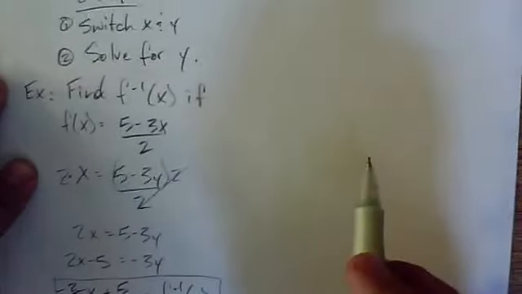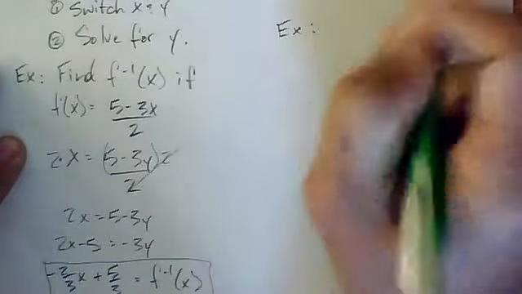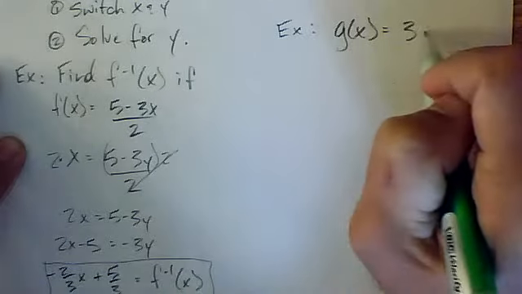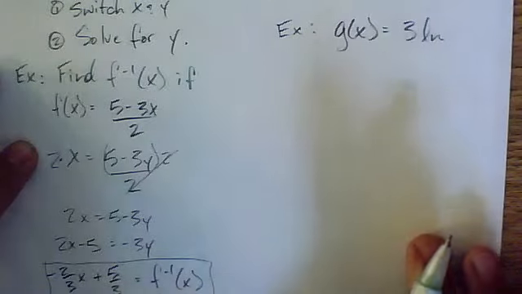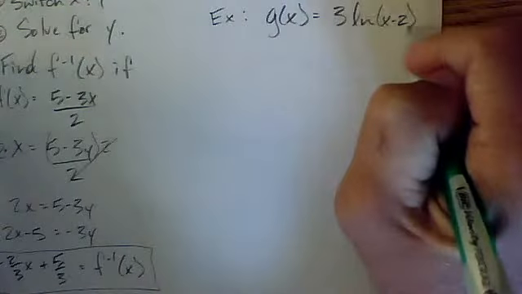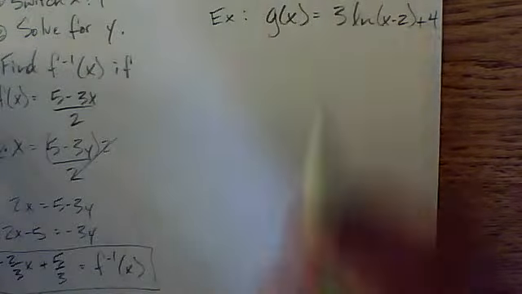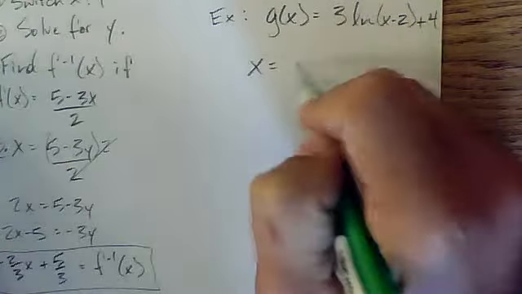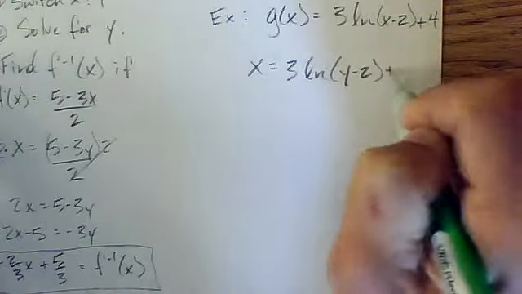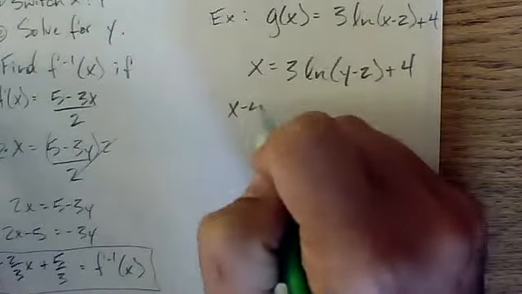Now let's look at a different function. Let's say that we have a logarithm. g of x equals 3 times the natural log of (x minus 2), plus 4. So here again I'll switch x and y, so I get x equals 3 times the natural log of (y minus 2), plus 4. I need to isolate the logarithm, so I'll subtract 4.